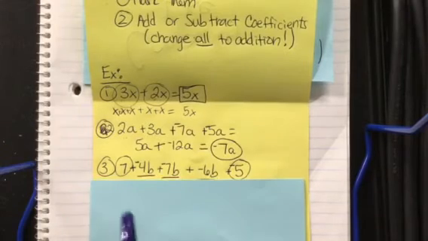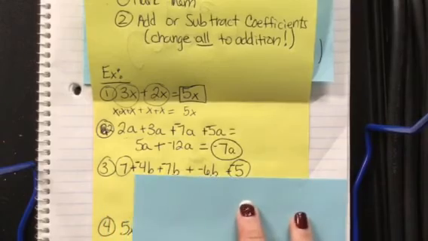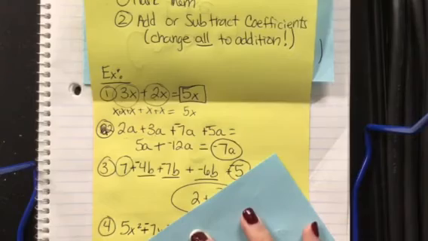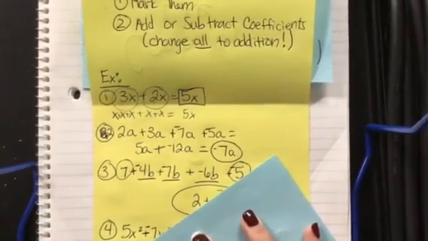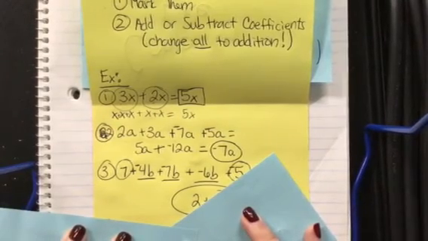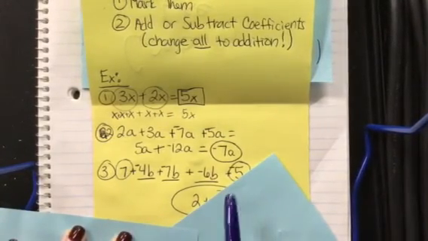All right, when I combine 7 and negative 5, what do I get? 7 plus negative 5, 2. Got to go back to those negative rules. So I have 2. What about negative 4 plus negative 7 plus negative 6? They're all negative.